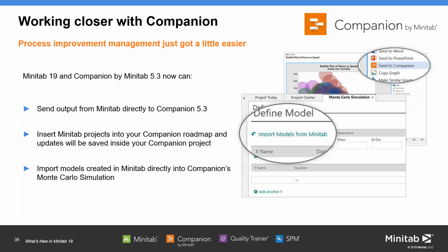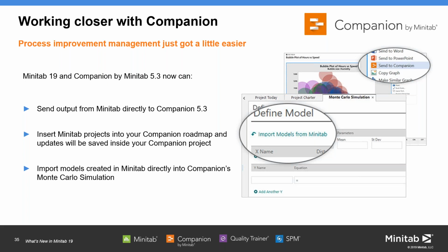Companion, if you're not familiar with it, is our project execution and visibility tool. So basically for executing projects, there are a lot of great tools in there, over 100 tools, things like process maps, brainstorming, fishbone diagrams, Monte Carlo simulation, process optimization.